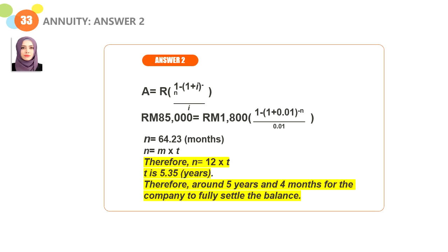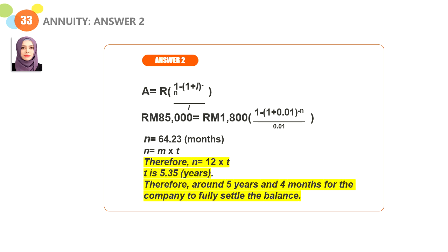Let's find T by computing all the variables in the formula we adopted. It brings us to the value of N, 64.83 months, while n equals m times t.